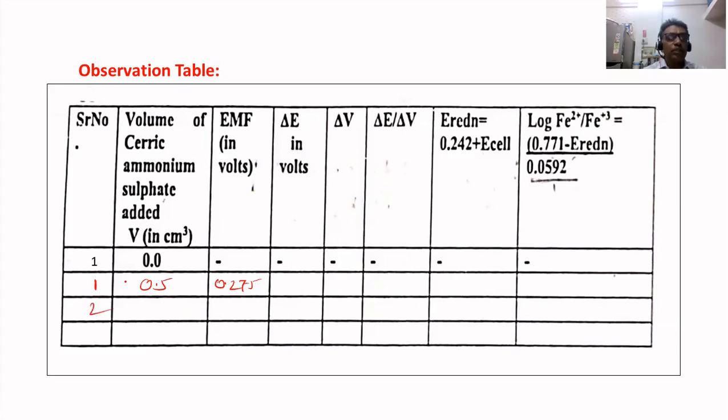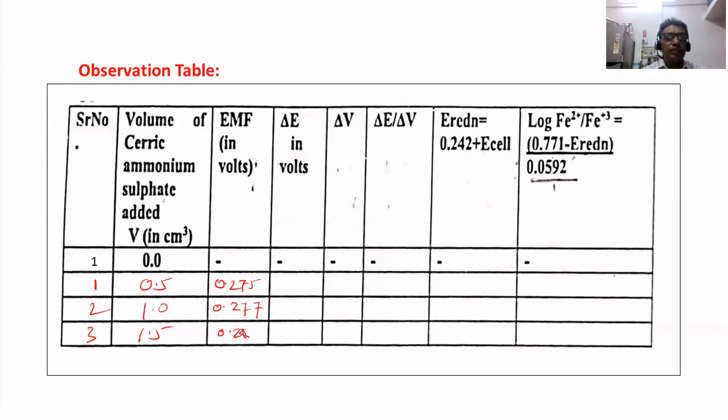For the second reading, after the addition of 1.0 ml from the burette, it is 0.277, which means the EMF of the cell increases slightly. For the third, after adding another 0.5, at volume 1.5, the reading becomes 0.285 volt.